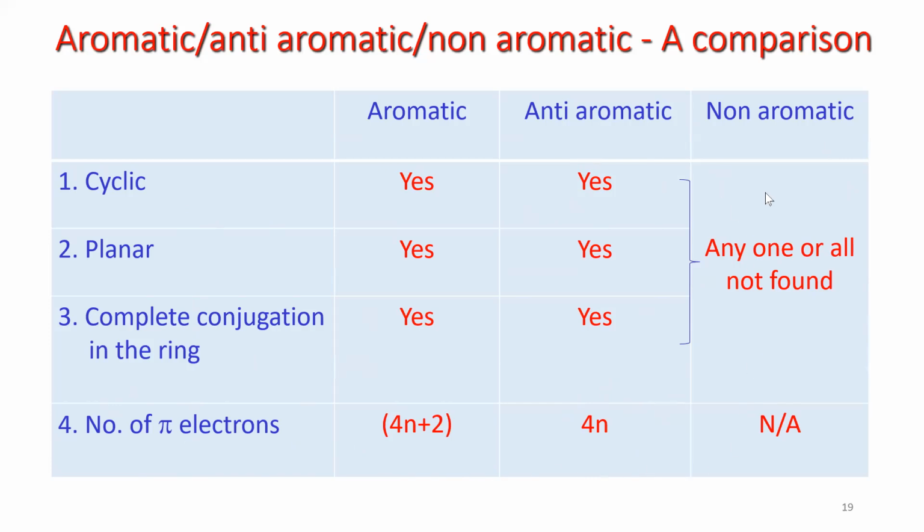But still they can be diene systems, or systems with conjugated double bonds. But somewhere the conjugation is broken. Maybe a cyclic system is there, but somewhere the conjugation is broken due to the presence of an sp3 carbon atom. Not all carbon atoms are sp2. So let's take some examples to get this idea clearly.